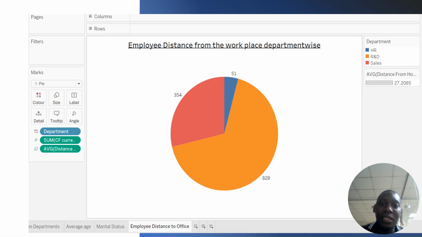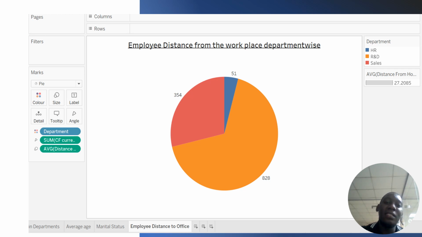Lastly, the scenario that I looked at was the distance from the place of work per department. These numbers that are showing here, the 51, 354, are the numbers of employees.